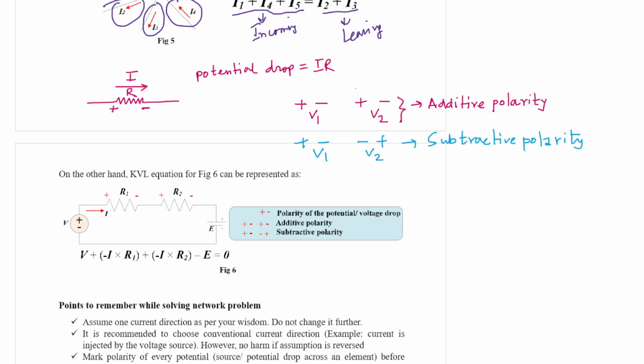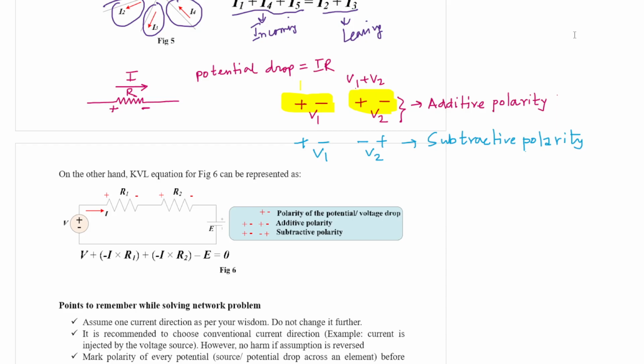So let us quickly understand. If two potentials are arranged in this fashion, plus minus, again plus minus, then this is called additive polarity. So the net voltage appearing across this is V1 plus V2.